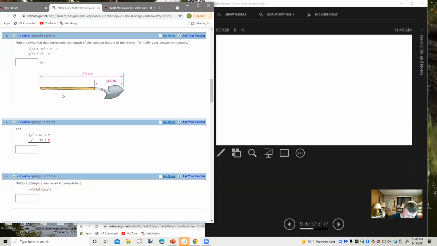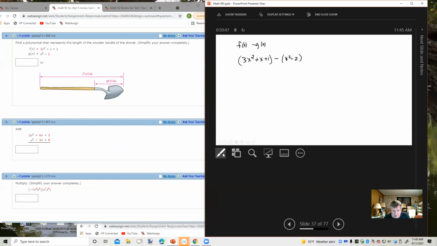So I want f of x minus g of x. So I've got 3x squared plus x plus 1 minus g of x, which is x squared minus 2. Now, I need to put that parentheses there because if I don't, I'm not going to be subtracting the whole thing.